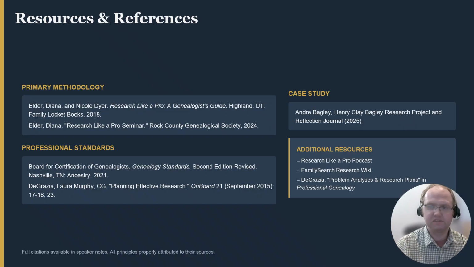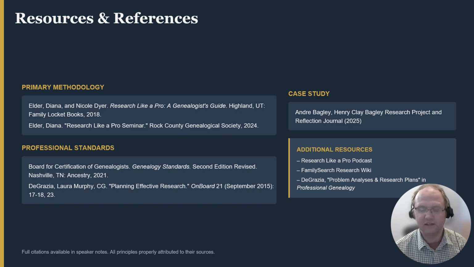These are some sources for deeper study. I highly recommend looking into Research Like a Pro by Elder and Dyer. They provide a lot of foundation and templates and practical guidance. Diane's seminars add considerable insight from her extensive teaching experience.